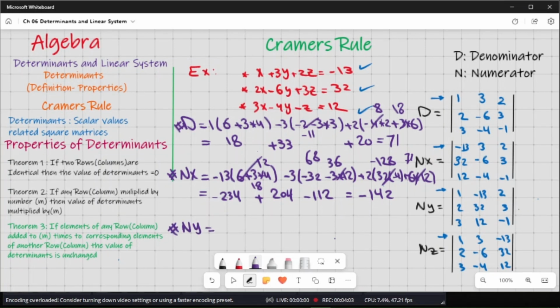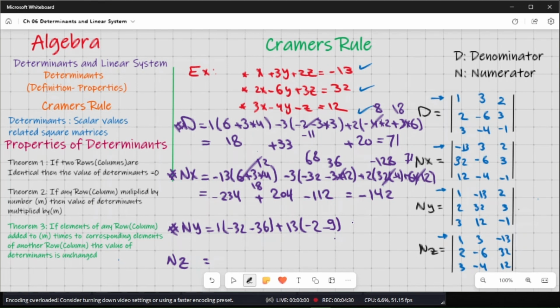Okay, again with ny. And here n z, this will be equal to 1 and 2 negative 32 minus 36 here plus 13 and 2 negative 2 minus 9 here plus 2 and 2 24 minus 96.